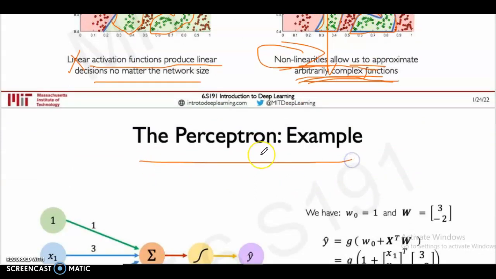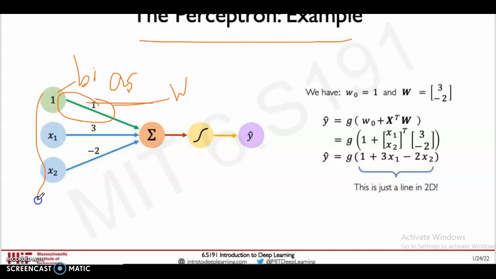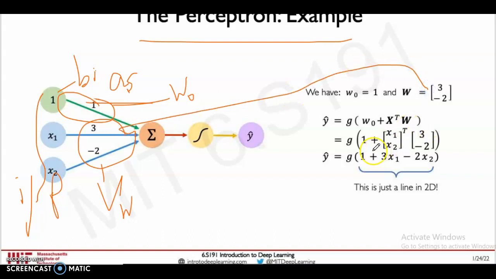The perceptron example. We have inputs 1, x1, x2, where 1 means the bias. We already know the weights: W naught equals 1, and W equals 3, minus 2, a column matrix.